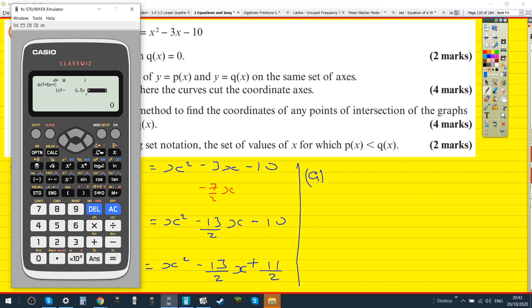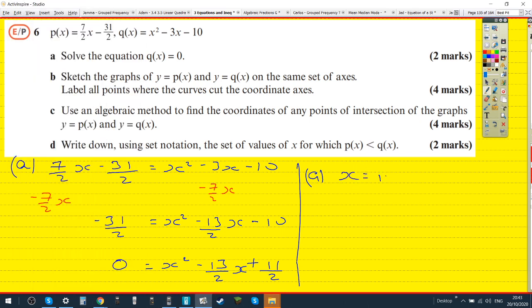So it's minus 6.5. Yeah, it still figures it out. Or you can use divided by instead of over. Okay, so we have 1, minus 13 over 2, and then 11 over 2. Which would be x1 is 11 over 2. And x2 is 1.